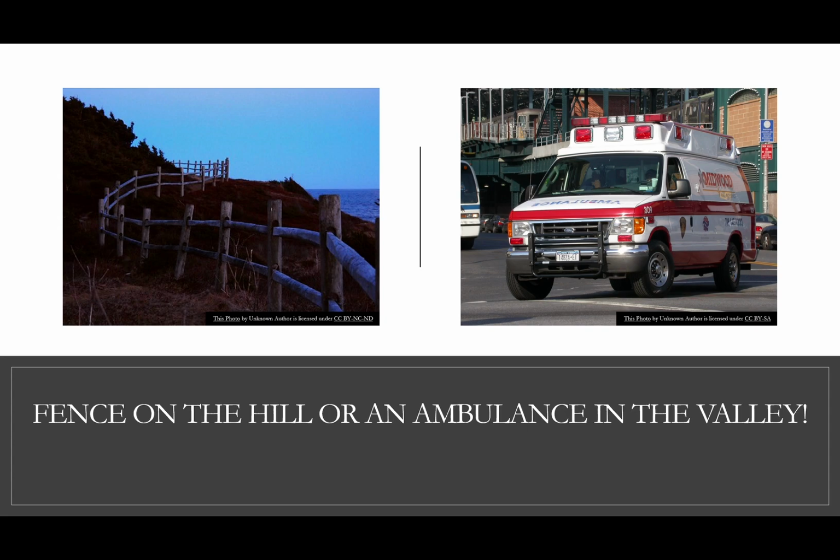And the poet was talking about the idea of do we build a fence on top of the hill or the cliff, or do we put an ambulance at the bottom of the hill or the cliff? And it's this idea of do we prevent stuff from happening, or do we pick up the pieces when it does? And the author came to the conclusion that it's much better to build a fence on top of the hill than an ambulance in the valley.